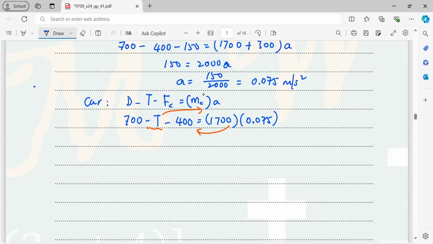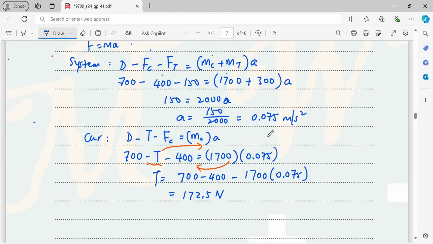Then I will be getting the T. So my T is going to be 700 minus 400 minus 1700 times 0.075. Then you will be getting 172.5 newtons. So this is how you get the A from the system and the T either from the car or from the trailer. Now this is the first method.